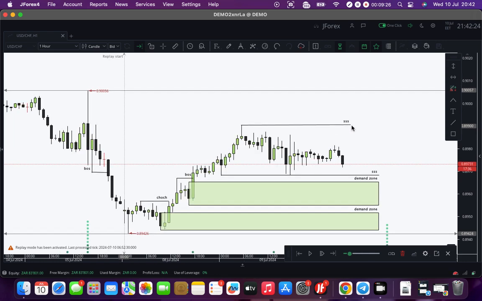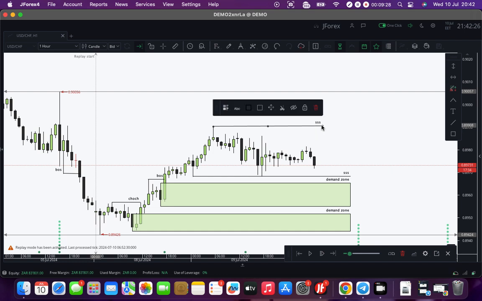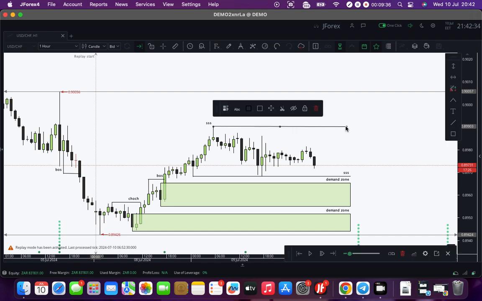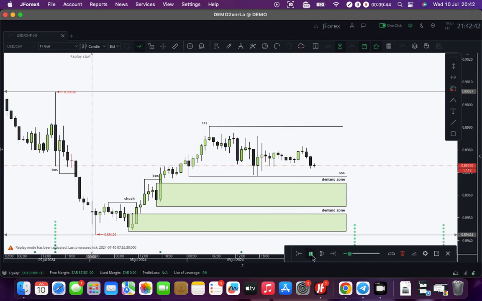So in order for us to get the entry, we must wait for the market to take out one of these two areas. It's either it takes out the buy side liquidity or the sell side liquidity, right? So let's see.